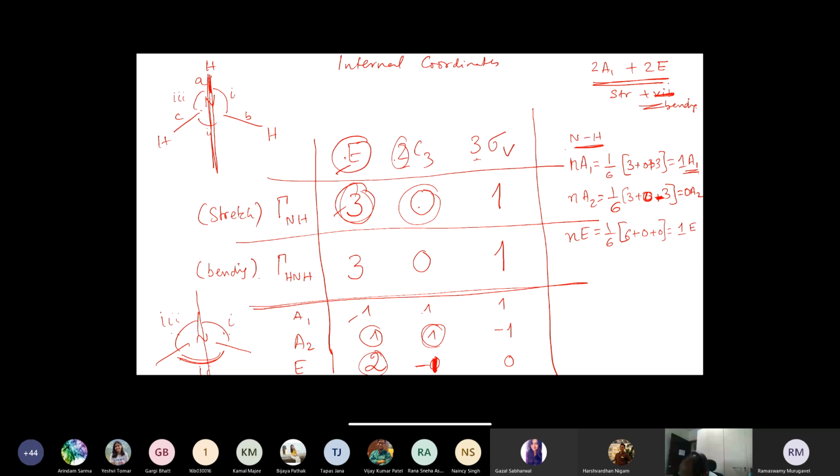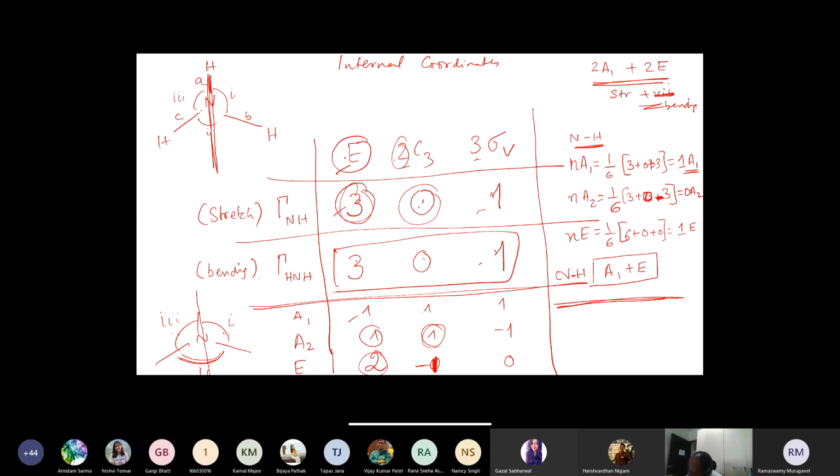So it's easy now that you already know that 1 A1 and 1 E vibration are the NH stretching vibrations. You can do the same exercise using this. It's not going to be any different because the values are 3, 3, 0, 0, 1, 1.